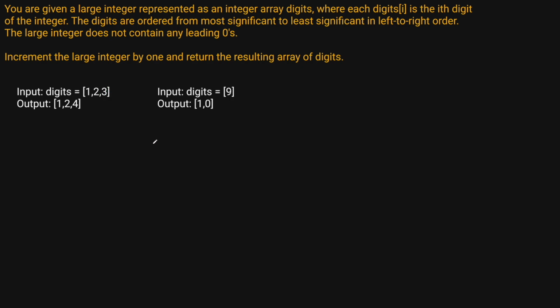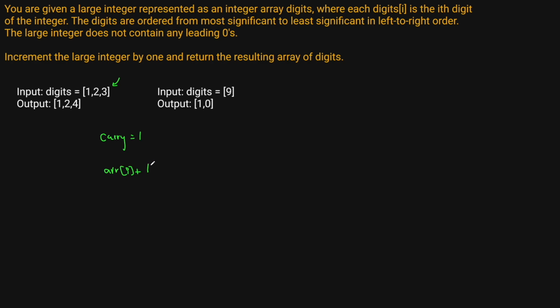And if you've seen my problem on adding strings, where we essentially do the same thing, very similar, and we have to deal with the carry, we're going to do the same thing here, except instead of initializing carry to 0, carry is going to be 1 in the beginning. And what we want to do is have an index I starting at the end of the array, and we're going to say array of I plus the carry, right?